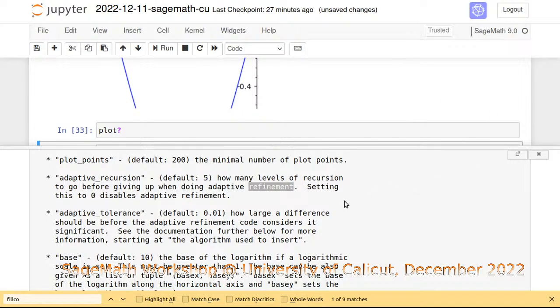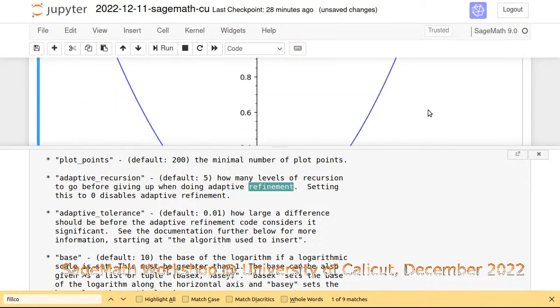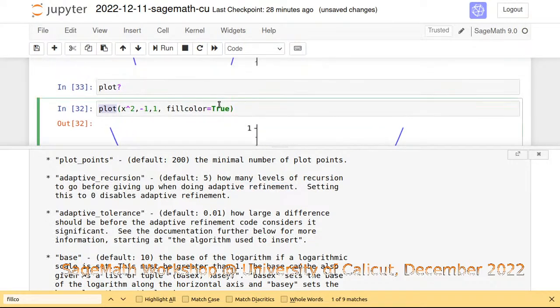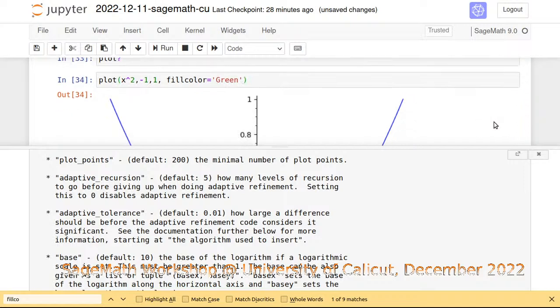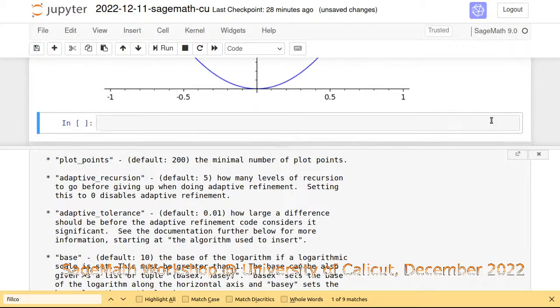Fill color. Maybe we have to give the color itself. Not true. By default, probably the color is something else. Let us try to give, but where will we be filling that we have to see. No, it's not even filling.